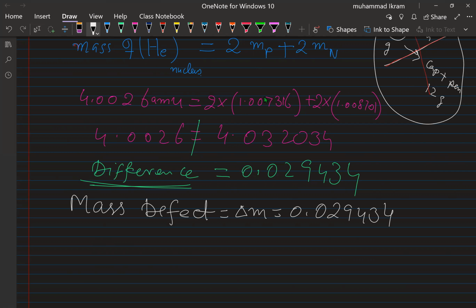But where does this missing mass go? This missing mass transforms into energy. This is why, if you remember in the previous unit, I told you that mass and energy can neither be created nor destroyed, but they are interchangeable.